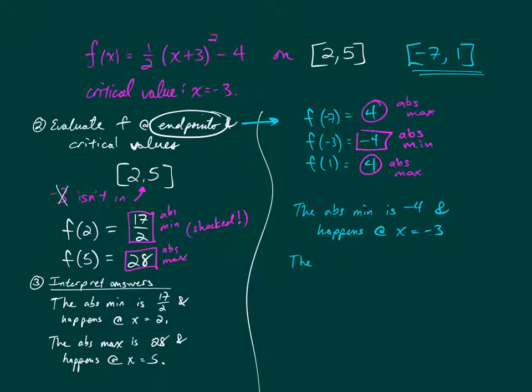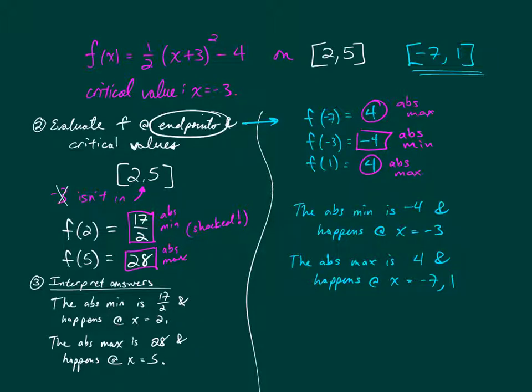And in fact, the absolute max is +4 and happens at x equals -7 and 1. So you just list these two numbers out right here like this, -7 and 1, because there are two x values that give you the same absolute maximum.